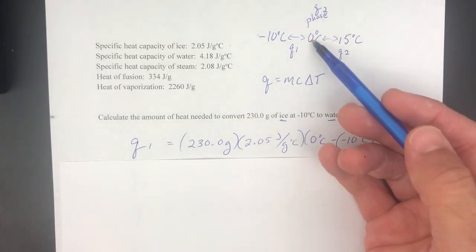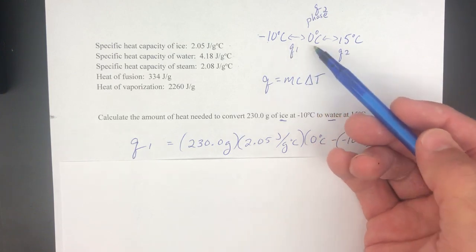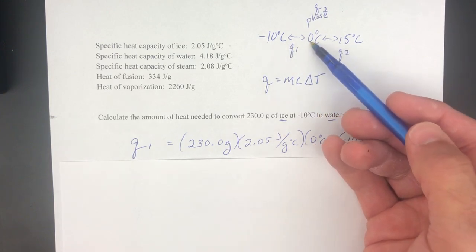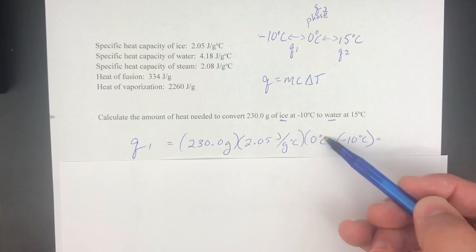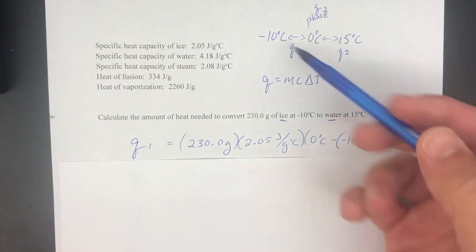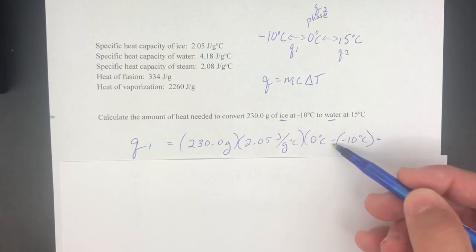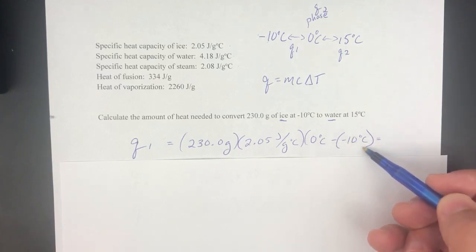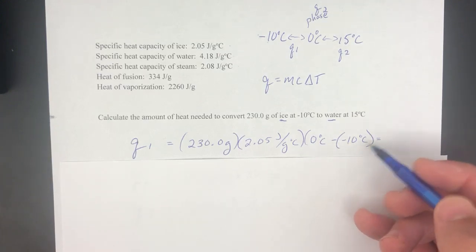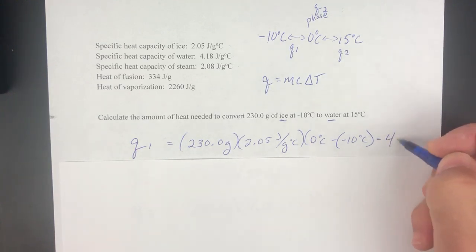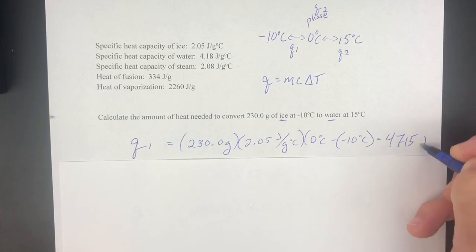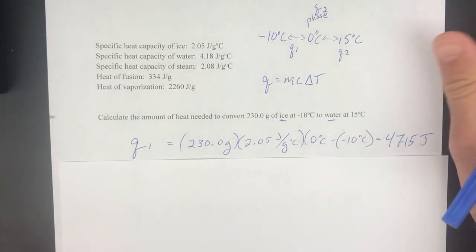The final temperature as solid water is 0 degrees Celsius, so 0 minus negative 10 degrees Celsius. When we do the math, we end up with 4,715 joules. So that's Q1.